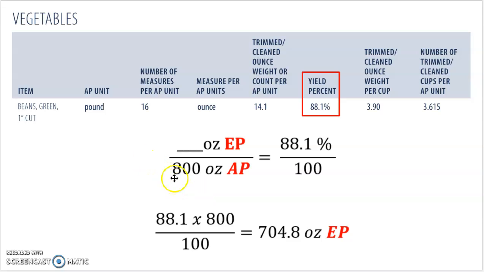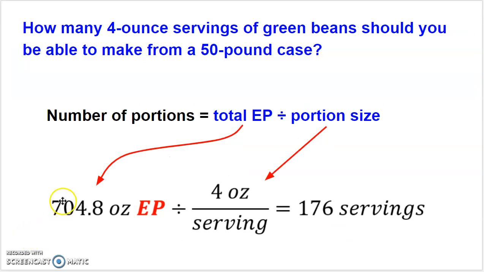My 800 ounces AP goes in the bottom. Calculate the EP, I get 704.8 ounces EP. And then I go to my number of portions formula. Number of portions is total EP divided by portion size, and I get 176 servings.